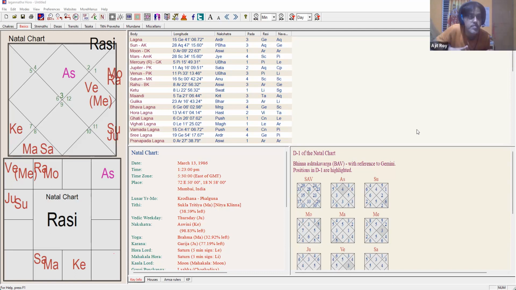Sir, I carefully observed that the native is suffering because, according to the degree system of astrology, the Lagna Lord is retro, and Mercury is very near to the Rahu degree.